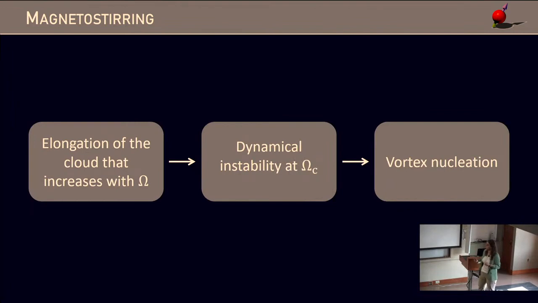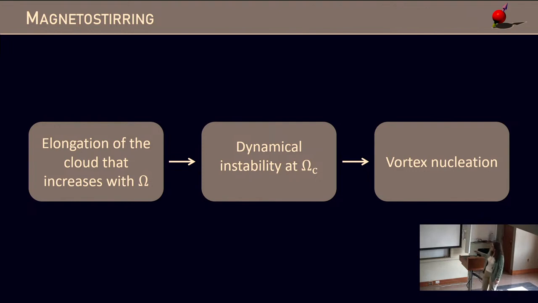In particular, we expect that for increasing values of the rotation frequency, the system would elongate more during the rotation until it reaches a dynamical instability at a certain frequency. And this dynamical instability is the seed for vortex nucleation, the seed to have vortices inside the system.